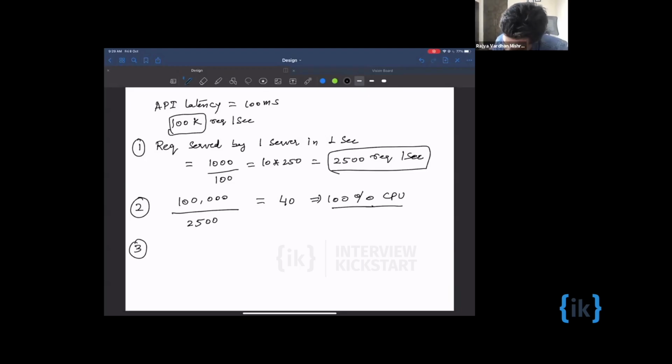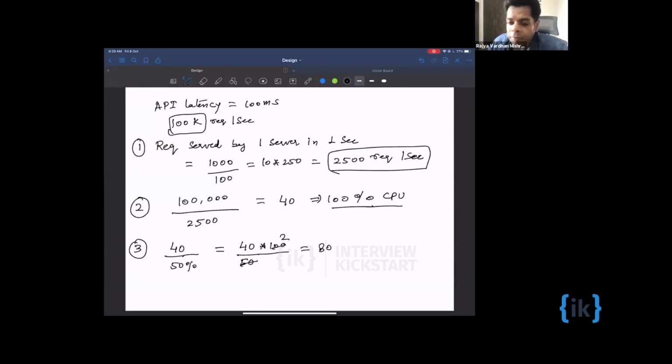So we'll divide this 40 by 50%, which indirectly becomes 80. That means we need 80 servers here.